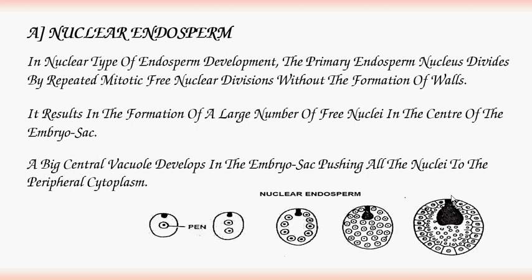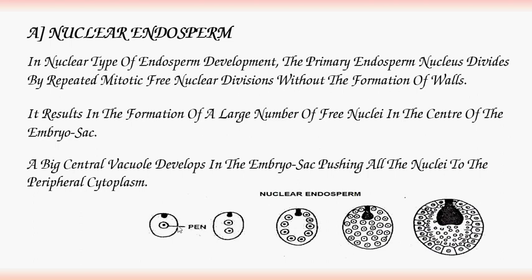Let's see the photograph. It is an embryo sac, and inside this is the PEN, primary endosperm nucleus, and this black colored spot is the embryo. These nuclei undergo free nuclear divisions. Free nuclear division is nothing but nuclear division that does not follow cytokinesis.